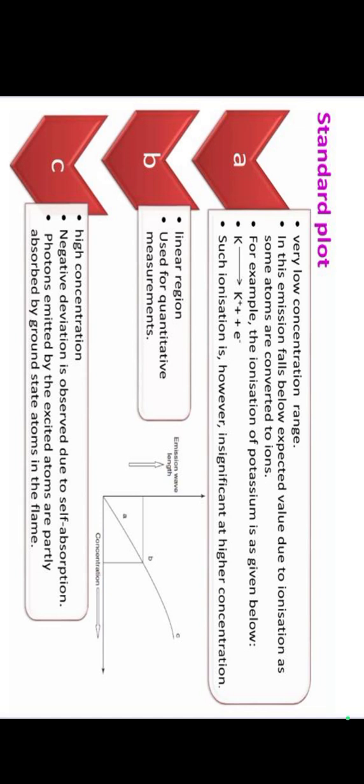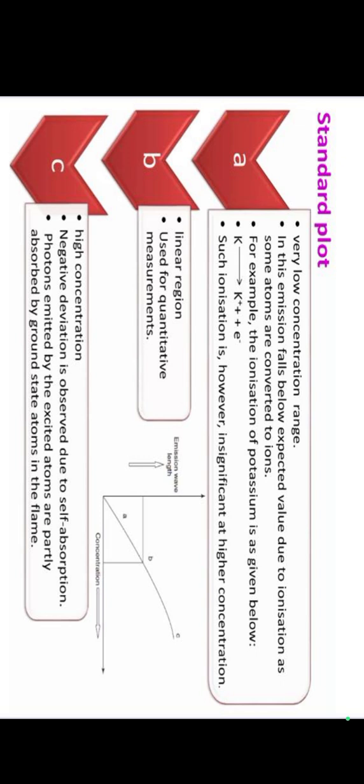A represents the very low concentration range. In this, emission falls below the expected value due to ionization, as some atoms are converted to ions. For example, ionization of potassium: potassium gives potassium ion plus a lost electron.